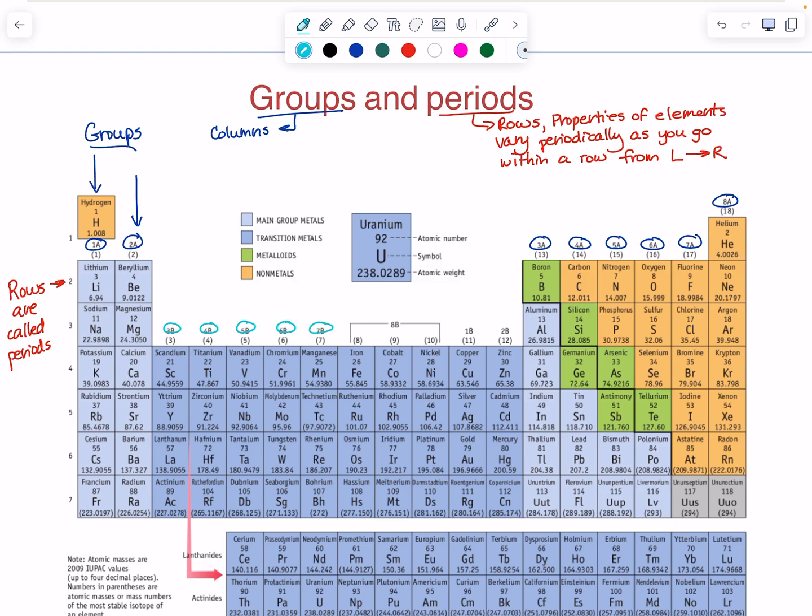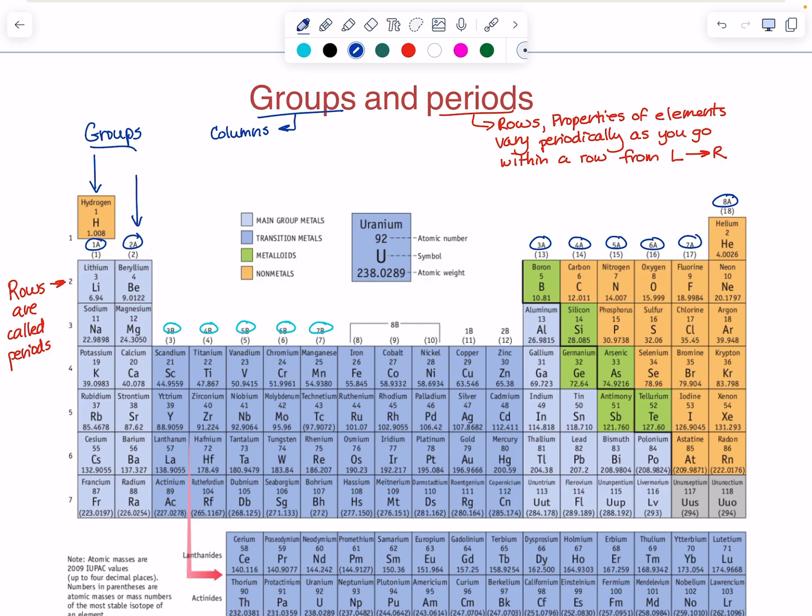Now, those A and B numbers are going to be a quick way for us to determine something about the number of what we call valence electrons in our atom, so the number of reactive electrons in our atom. What you'll find is that the columns, or the groups, have all of the elements in that column behave chemically in a similar fashion.